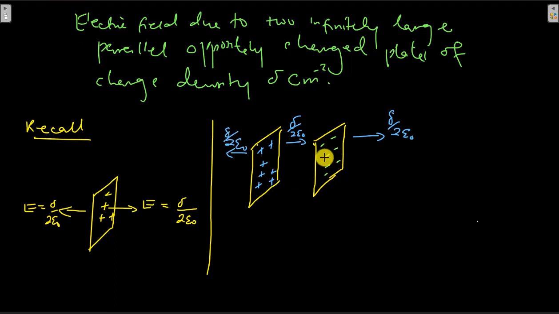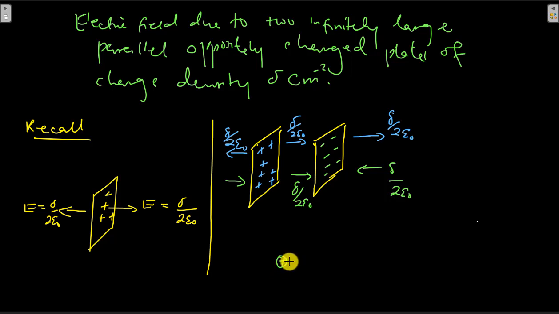The electric field due to the negative plate is going to be pointing towards the plate itself. We suppose the charge density is sigma in all cases, so it's sigma over 2 epsilon naught. It points towards the plate, not outwards.